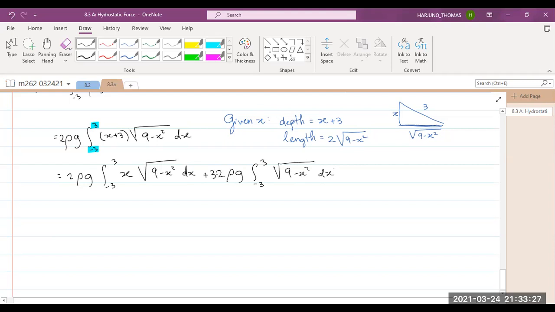Does it make sense? Now, the first term is equal to 0. Is it okay? And the second integral is actually still easy to do. I will just tell you the answer. This will be 6 rho g times 9 pi over 2.